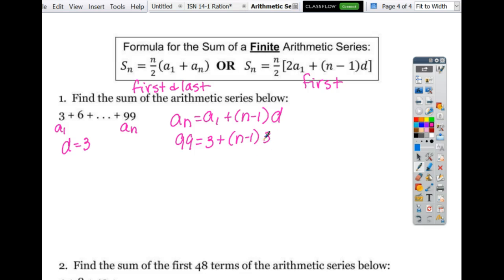So to find the N, I'm going to multiply. So these cancel, and my n ends up being 33. So I'm just going to plug this back in.